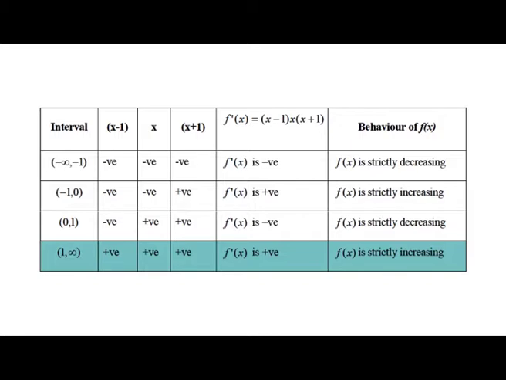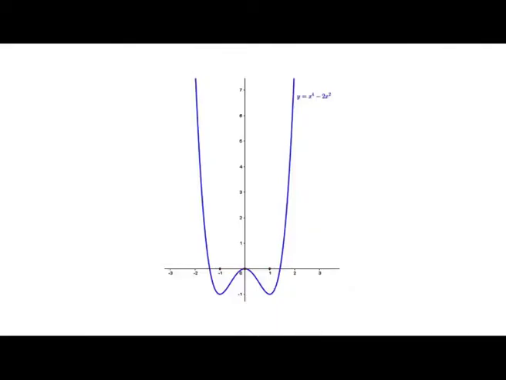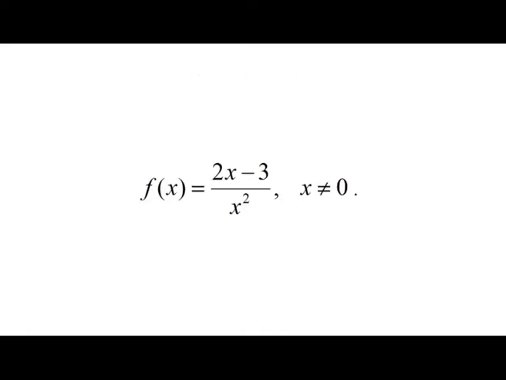So, their product f'(x) is positive, and hence f(x) is strictly increasing. These conclusions can be verified by looking at the graph of the given function. For more clarity, let us consider another function, say f(x) equal to 2x minus 3 divided by x^2 for x not equal to 0.